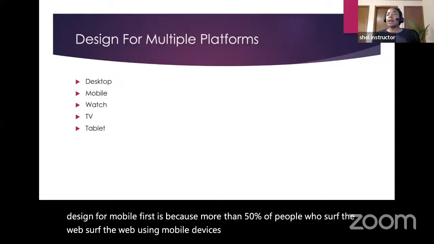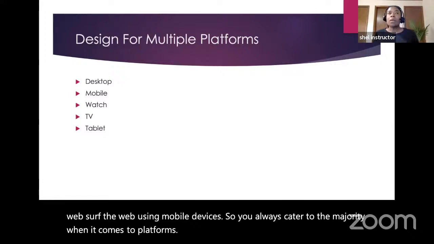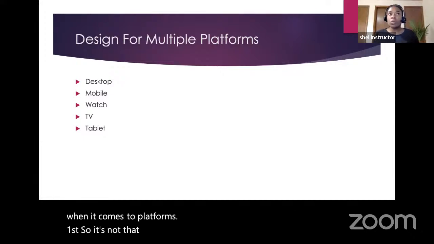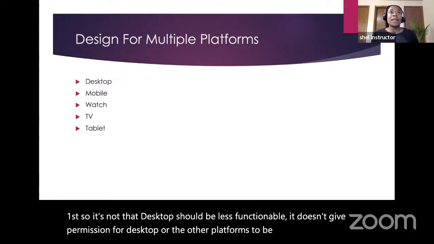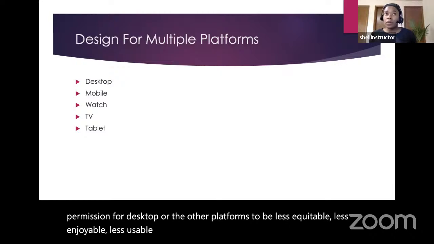So you always cater to the majority when it comes to platforms first. So it's not that desktop should be less functional. It doesn't give permission for desktop or the other platforms to be less equitable, less enjoyable, less usable, and yes, less useful. They all need to have A's in all of those areas.